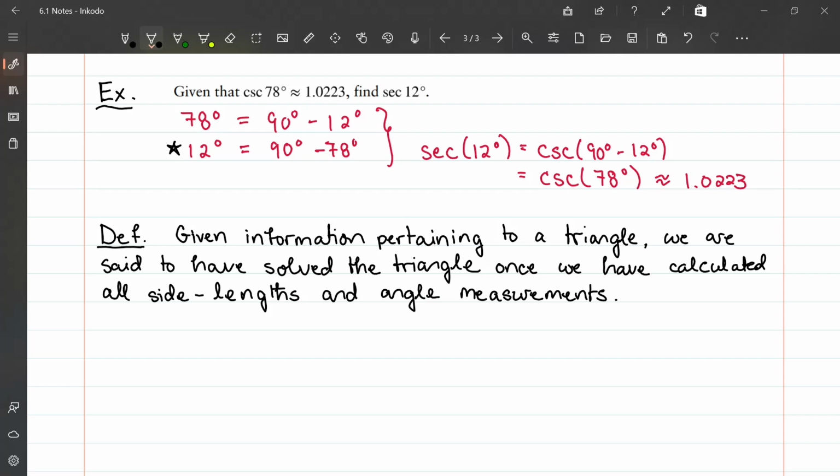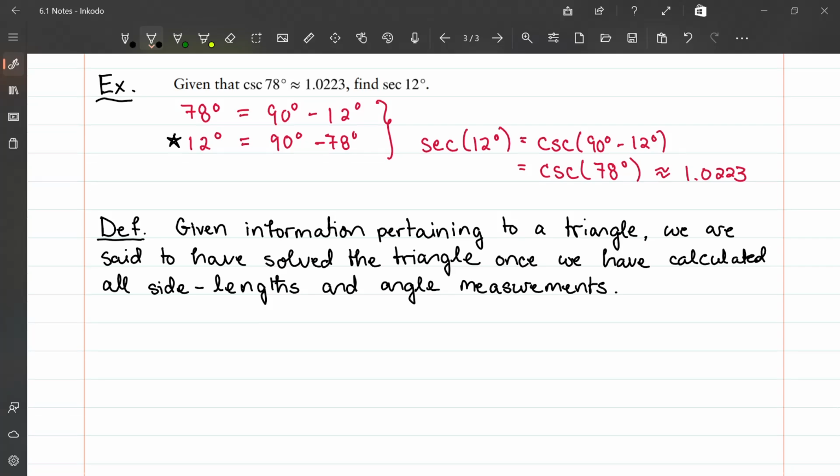For one thing, we know one of the angles is always going to be 90 degrees. For another thing, we know that the three sides are related by the Pythagorean theorem. Finally, we also know the sine and cosine, etc. relationships on the triangle. So once we have that information, we can use a little bit of given info to find all of the rest of the info for that triangle.